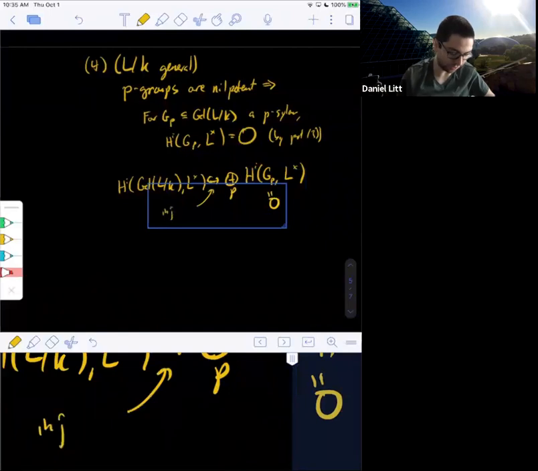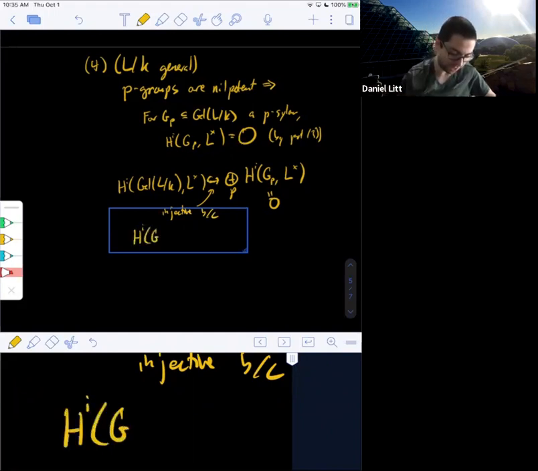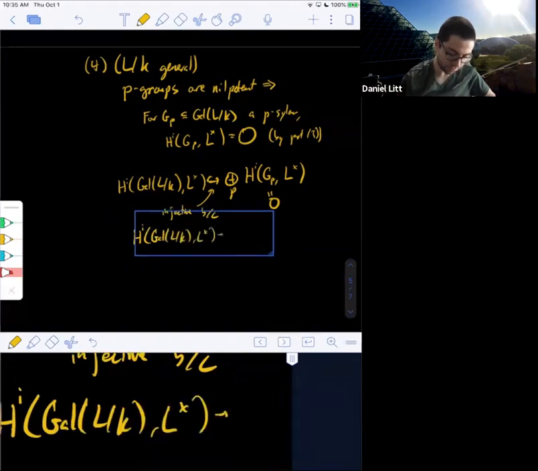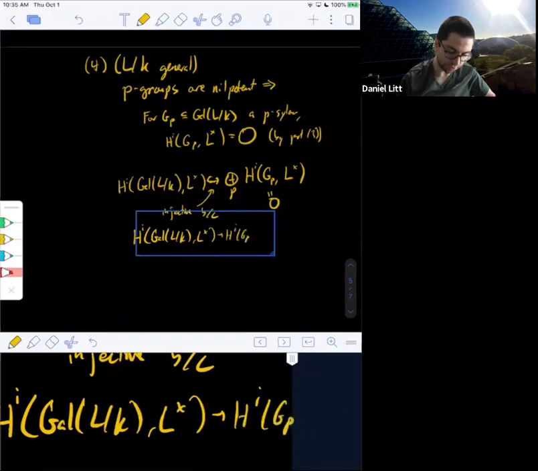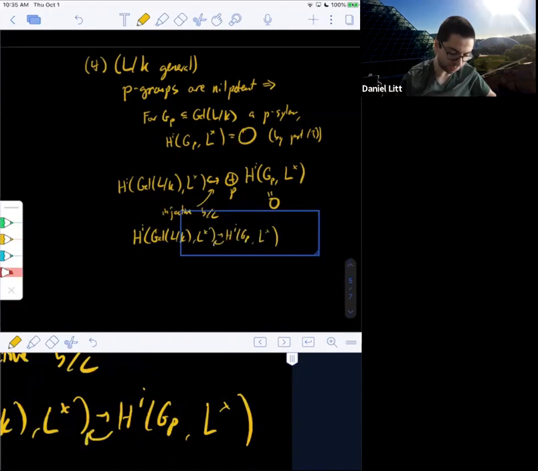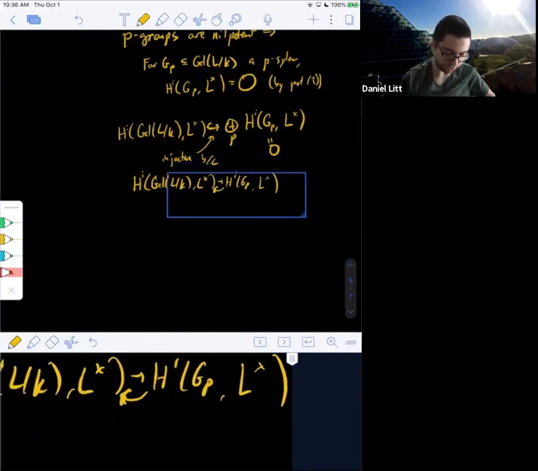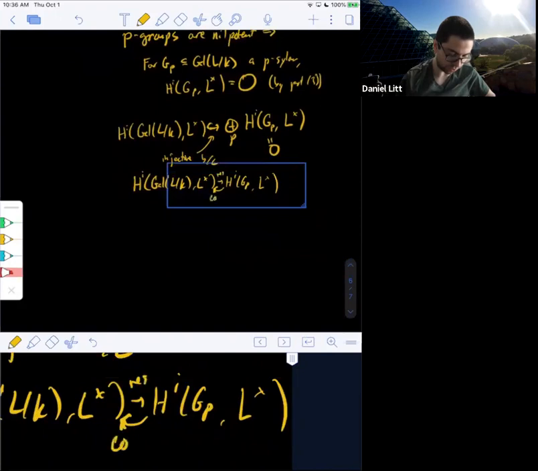So this is injective because, have you guys seen this fact? All right, so there's a map from H^i of the Galois group, L cross, to H^i of G_p with the same coefficients. This was the p-Sylow. Okay, and there's a map back, right? This is called restriction. This is called corestriction.